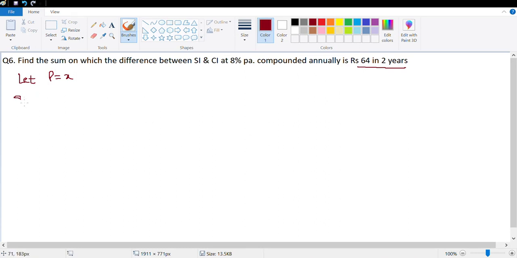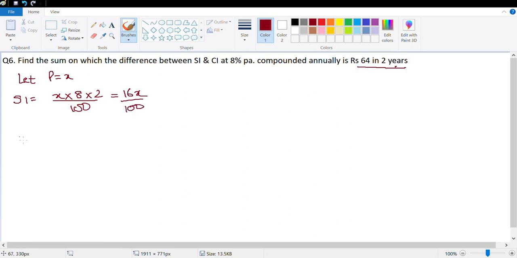So in this case, simple interest would be equal to principal into rate, which is 8, time is 2, upon 100, in 2 years. So this is 8 into 2, 16, 16x upon 100.